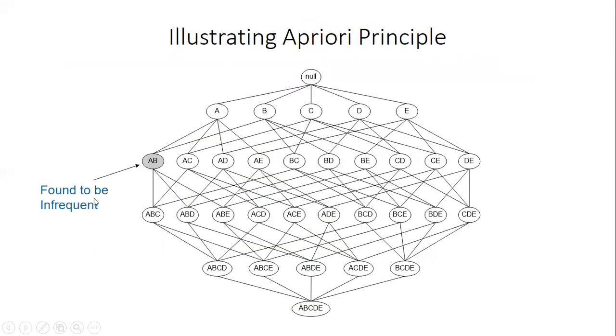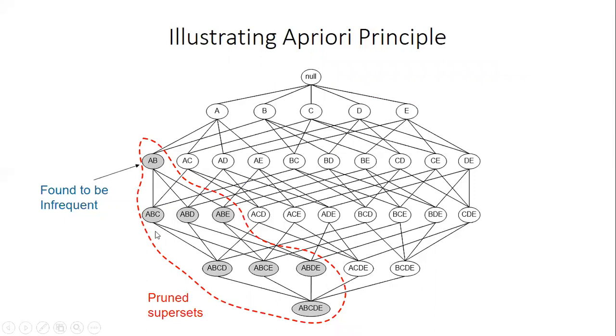If the item set is found to be infrequent, here suppose AB is the infrequent item, then obviously all its supersets, ABC, ABD, ABE, ABCD, ABCE, ABDE, ABCDE, everything will be infrequent. Then we can just prune these out. So out of 32, instead of scanning all 32, we can scan only 24 candidate item sets.